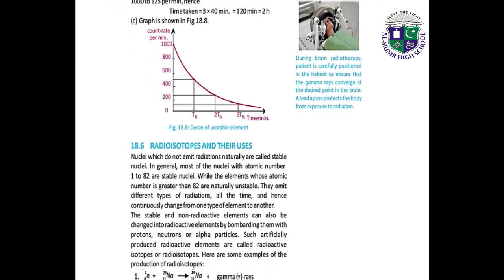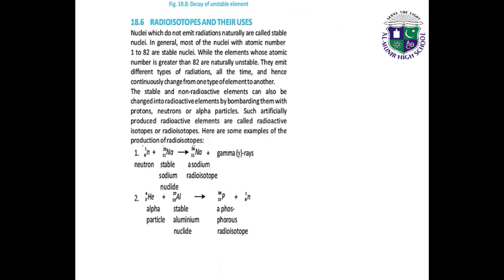What are the applications and uses of radioisotopes? Nuclei which do not emit radiations naturally are called stable nuclei. In general, most of the nuclei with atomic number 1 to 82 are stable, while the elements whose atomic number is greater than 82 are naturally unstable.